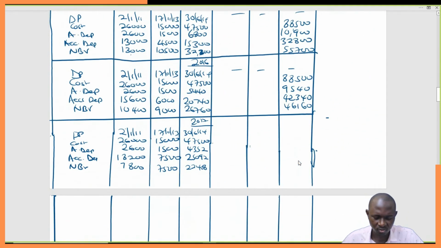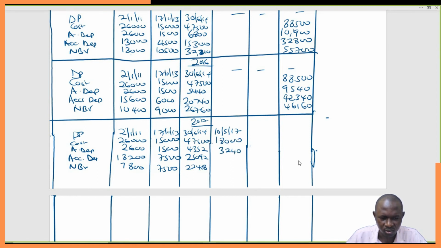Of course, this is the first year, so accumulated depreciation is 3240. So 18,000 minus 3240, that gives us 14,760. Machine E you still don't have, so the totals.